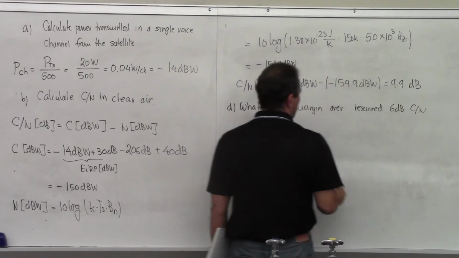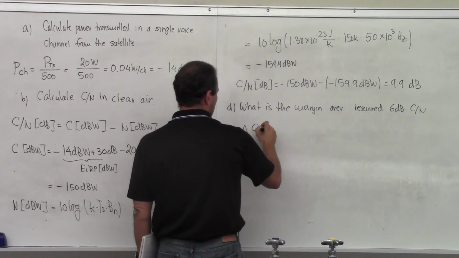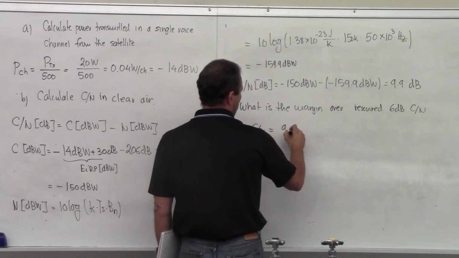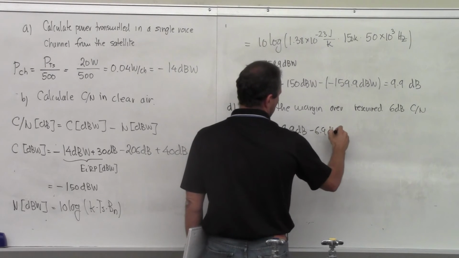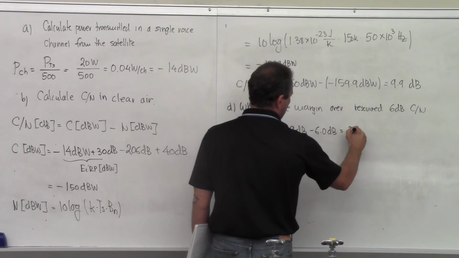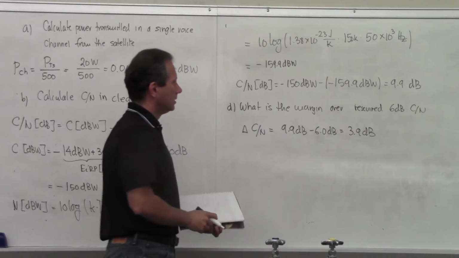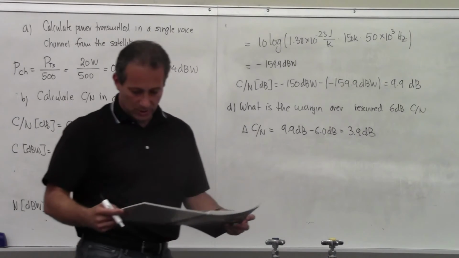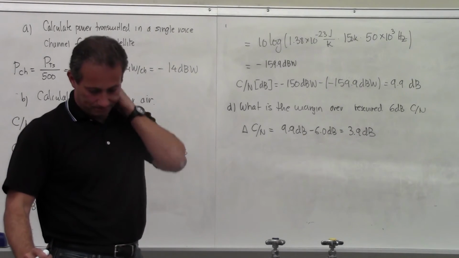Well, the margin, delta C to N, is going to be this 9.9 dB minus 6 dB, which is 3.9 dB. So you have 3.9 dB of margin for additional losses, and you're still going to maintain the channel up.